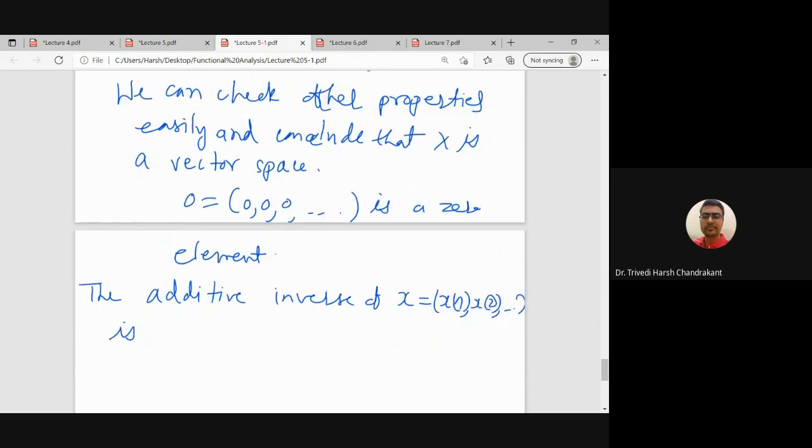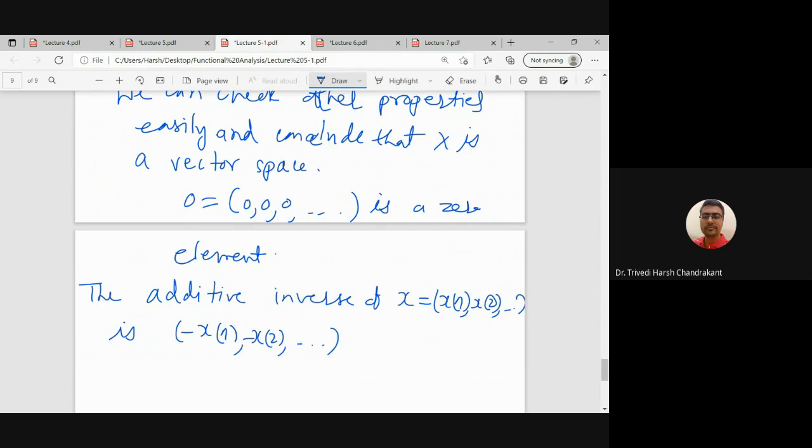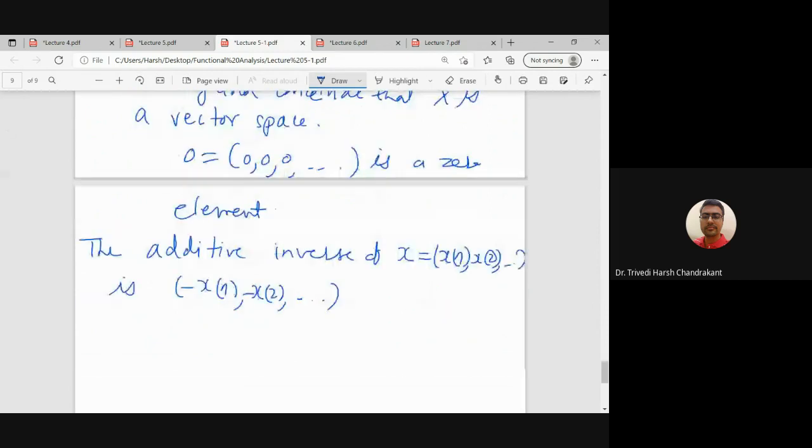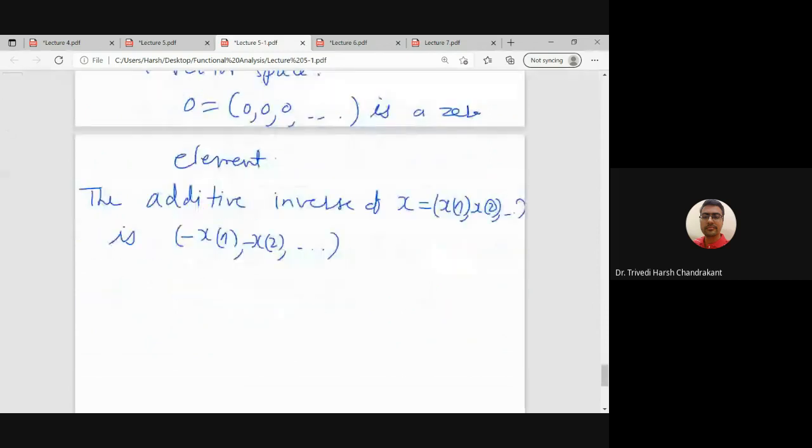It should be minus x1, minus x2, and so on. So this is the negative element, so that if we add this sequence plus this sequence, we get the zero sequence.